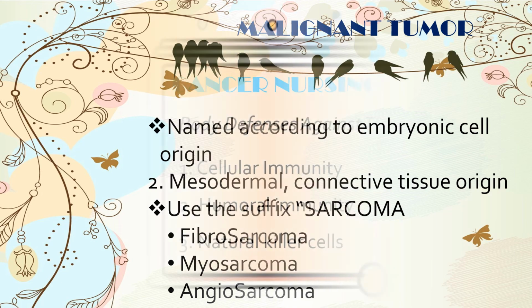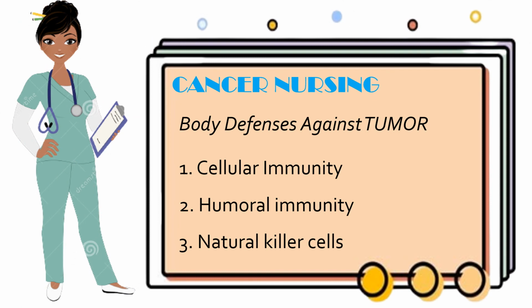Our body has defenses against tumor. We have the cellular immunity, the humoral immunity, and the natural killer cells. The cellular immunity is a protective immune process that involves the activation of phagocytes, antigen-specific cytotoxic T cells, and release of cytokines and chemokines in response to antigen. While humoral immunity is also called antibody-mediated immunity.